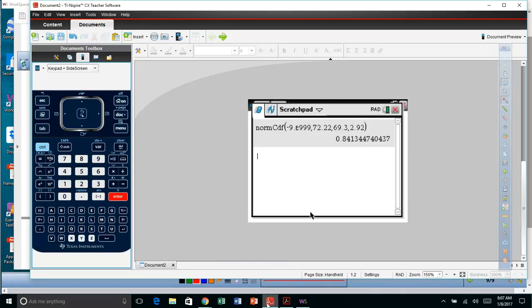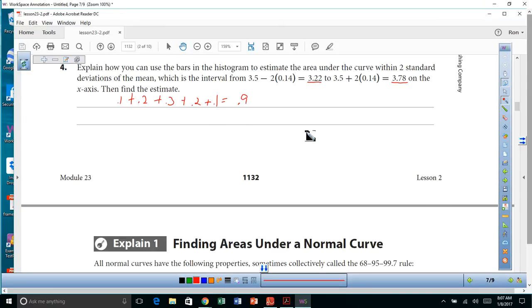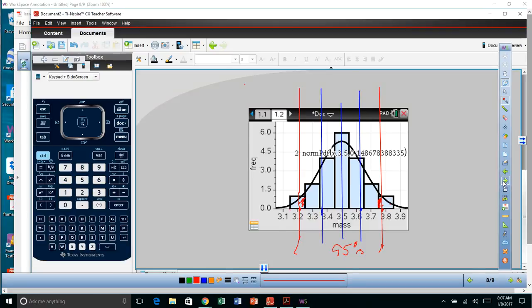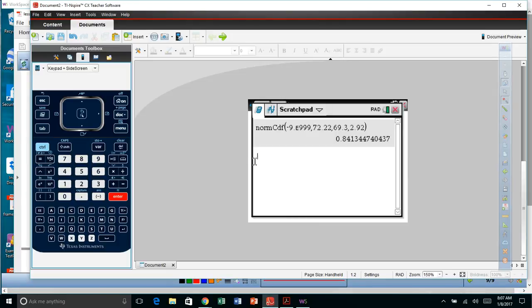That calculated that. Remember, I said that was 84%. So, how would you find the percent taller than 72.22?